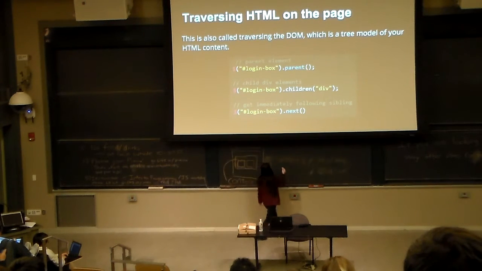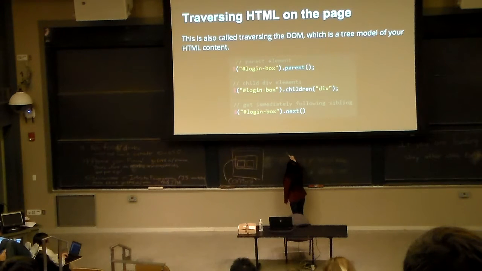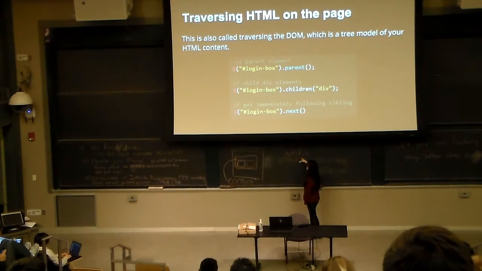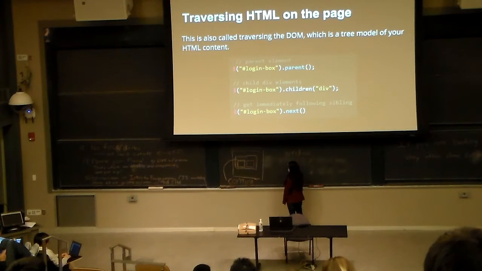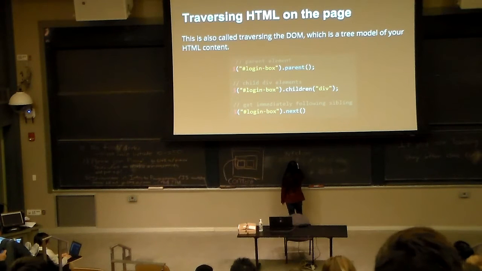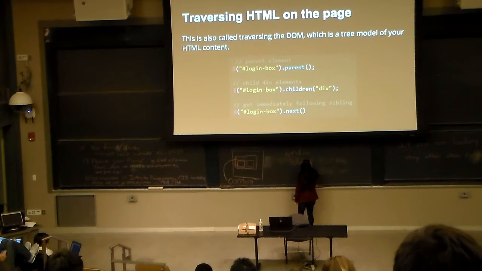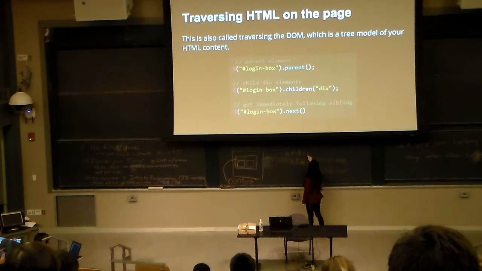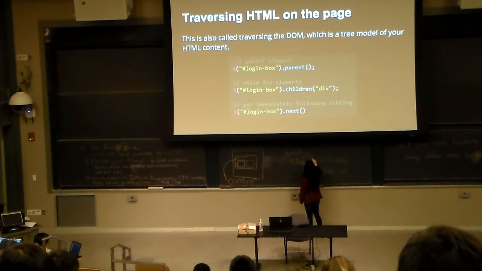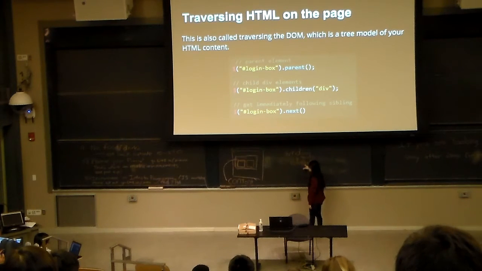So in a tree format, it kind of looks like, you have your window, which is the top level element. And then inside it, you have content. So this would actually be like your body, because your content div, all your divs are enclosed in your body, right? So content is a child of body.